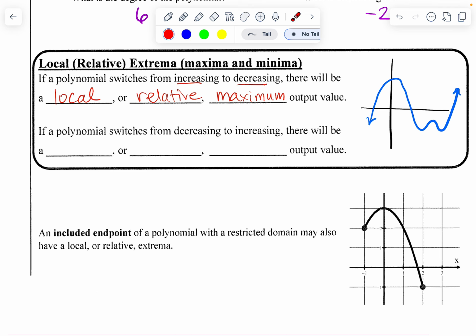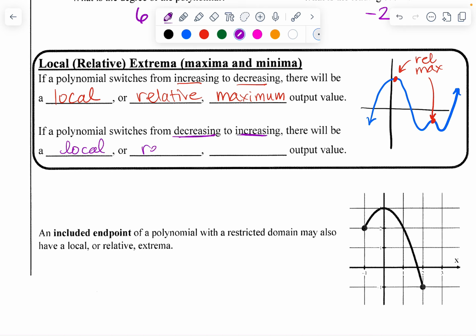So this tells me that this right here is a relative maximum, or we could call that a local maximum. We also see that we're going from increasing here to decreasing here. So this also makes this a relative maximum, okay? Let's say I was looking for something going from decreasing to increasing.